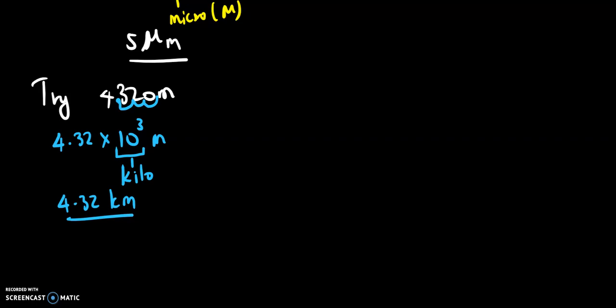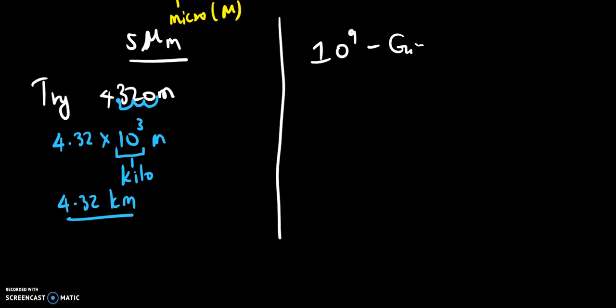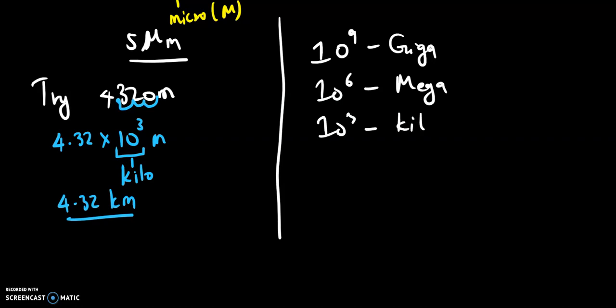Well, maybe before I continue, let me just give you a table of prefixes. So let's start with multiples. We have 10 to the power of 9, known as giga. And then we have 10 to the power of 6, known as mega. We have 10 to the power of 3, known as kilo, which is where we got this.